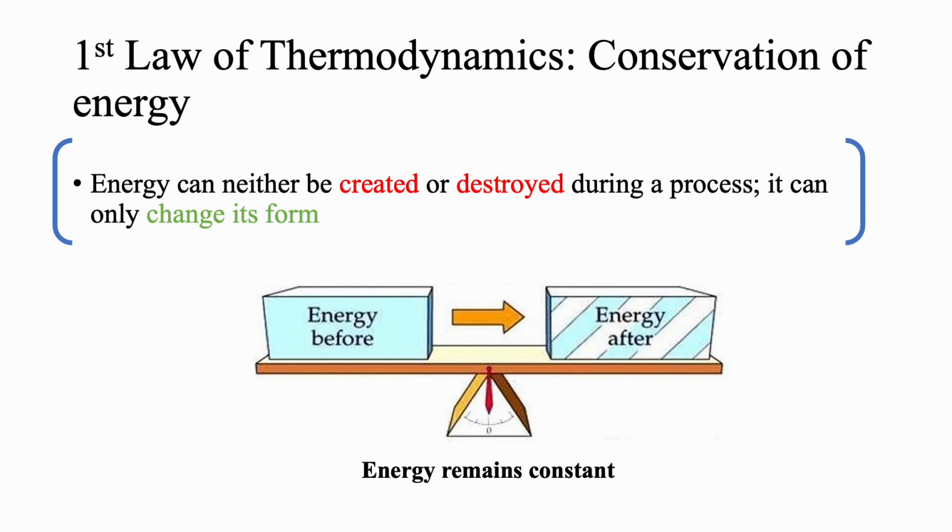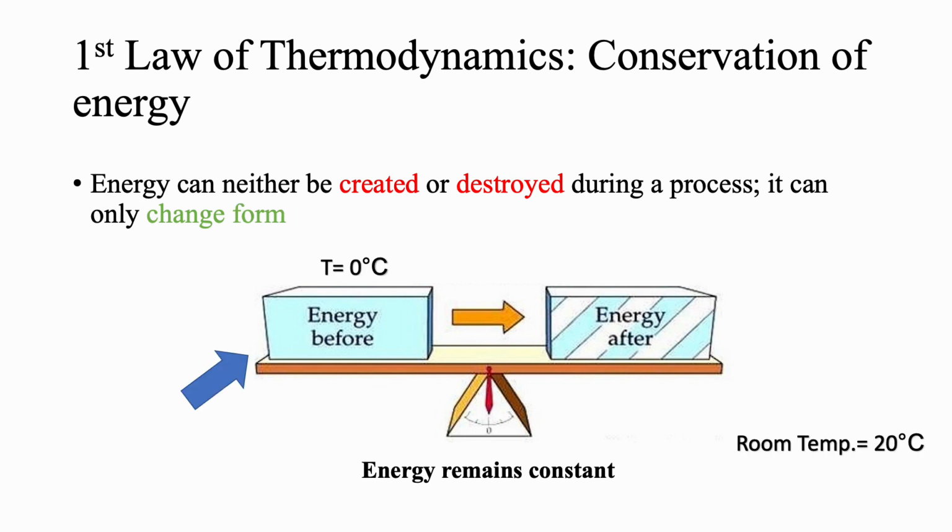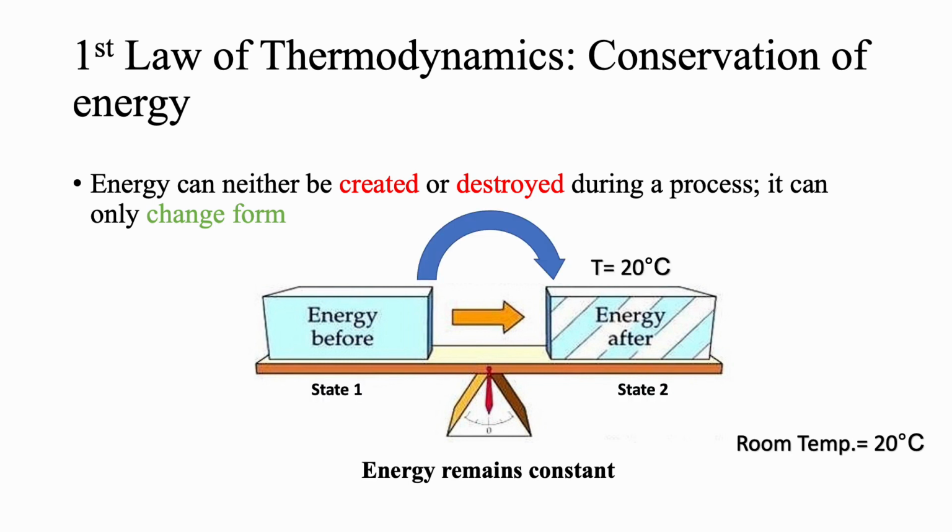Now, in order to understand this better, let's consider this cube of ice at 0 degrees Celsius, placed in a room with a temperature of 20 degrees. Five minutes later, the cube of ice will melt into water. However, the total quantity of energy before and after the process is still the same, and the scale is still balanced.